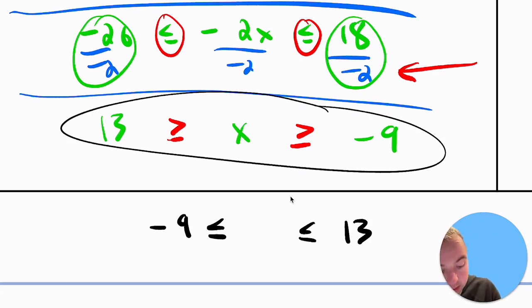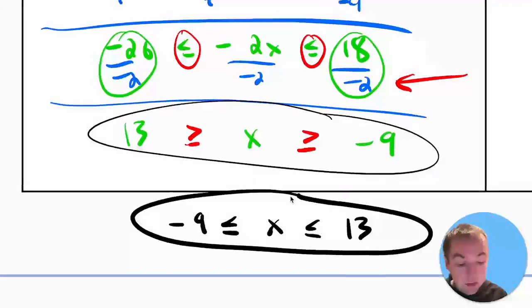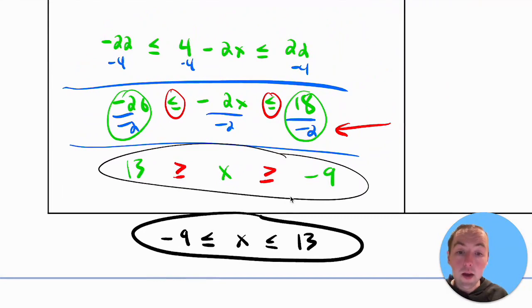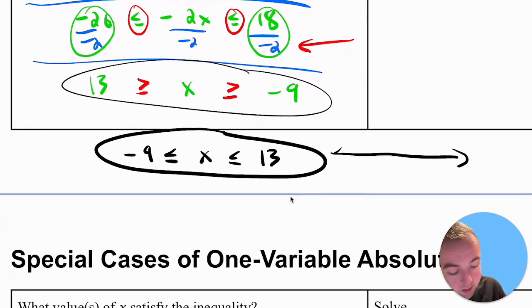And then it points like this, and those numbers are going to be the solutions to that inequality. So as a graph, if this is where negative 9 is at, and this is where 13 is at, then all of the numbers between negative 9 and 13 with closed dots, because you have the equal to's, would be the solutions to that inequality.